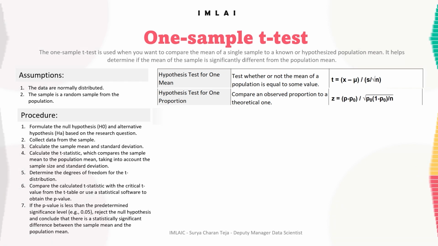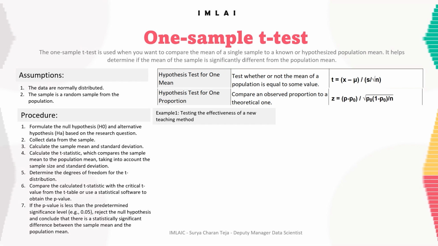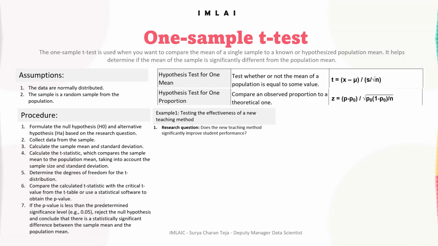Okay, so now let's take a few examples so that it would be easy to understand. Example one, testing the effectiveness of a new teaching method. The research question is, does the new teaching method significantly improve student performance?